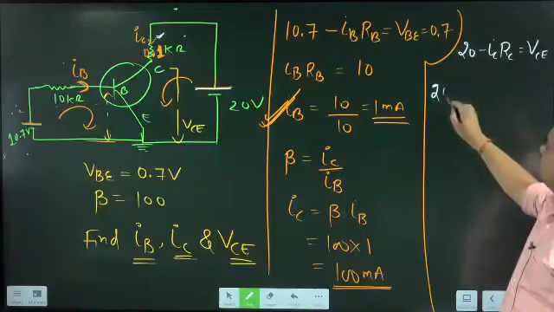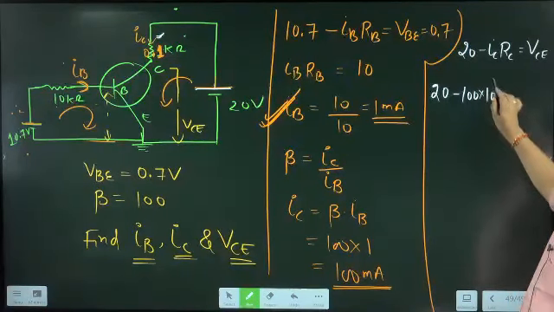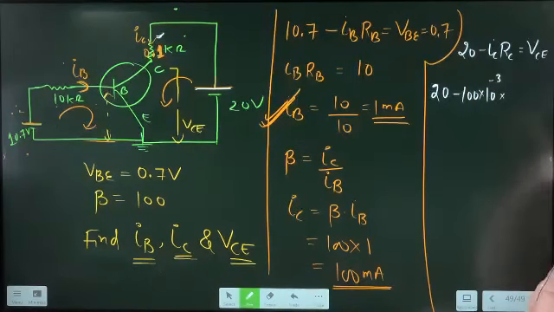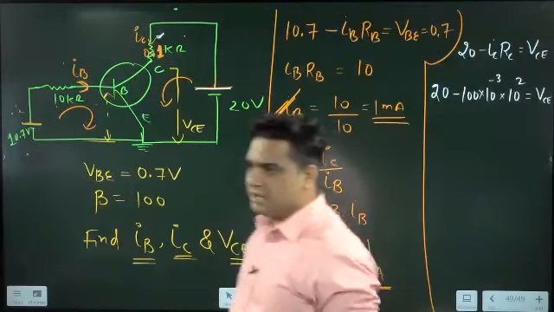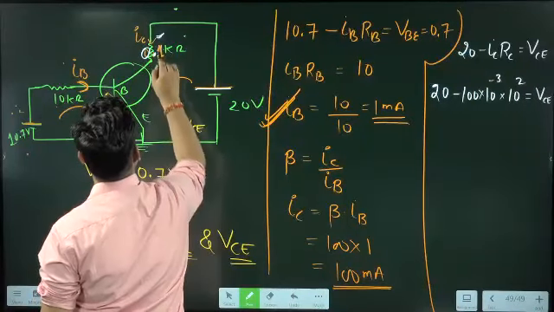I can say 20 minus IC, that is 100 milliampere, so 100 into 10 power minus 3 into RC. RC is 0.1 kilo ohm, meaning 10 power 2.